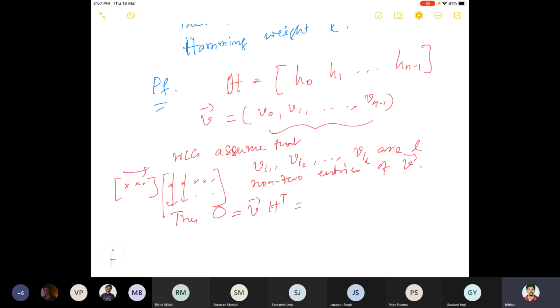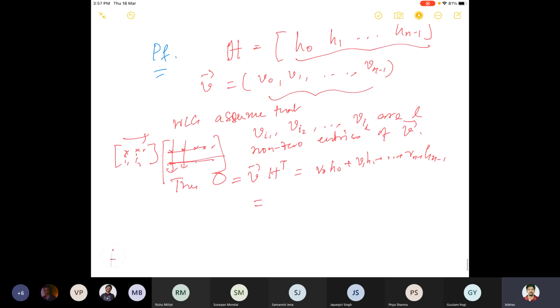Okay, here I wrote H and this is H transpose. So whatever the column here, the corresponding rows are here. These rows are basically the columns H0, H1, dot dot, H(n-1). So whenever there is i1, i2 and so on, the corresponding column will be picked up. So V dot H transpose in that case will be V0 H0 plus V1 H1 plus dot dot dot plus V(n-1) H(n-1), but most of them are 0 except the L many, and those columns will remain, others will be 0.